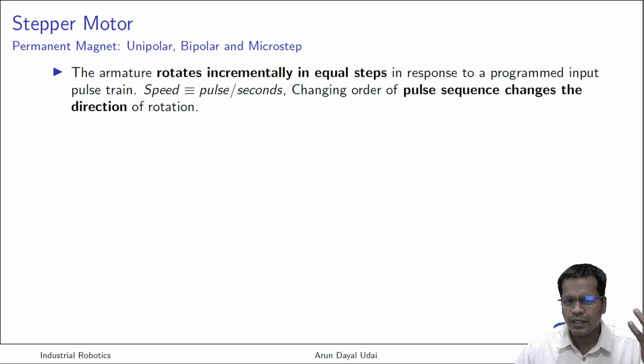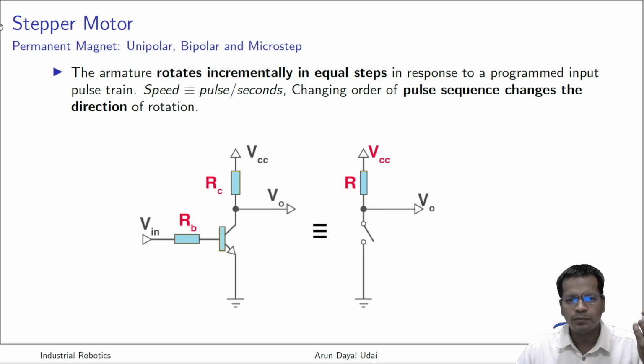Again, there is switching, so it requires switching transistors. Let me show you a slide of the switching transistor. It was something like this. If you put in voltage at the input, the base of this transistor, the collector side voltage goes to the earth.